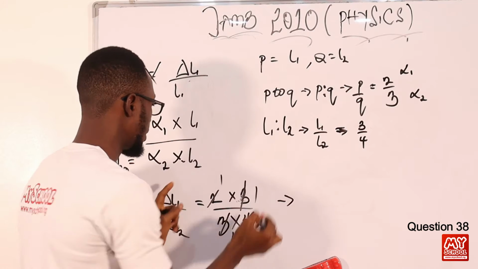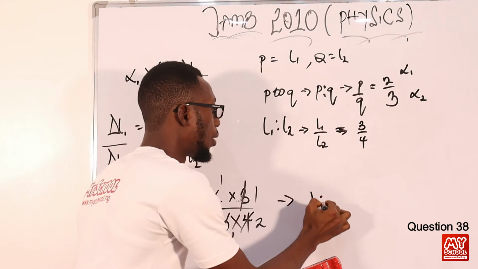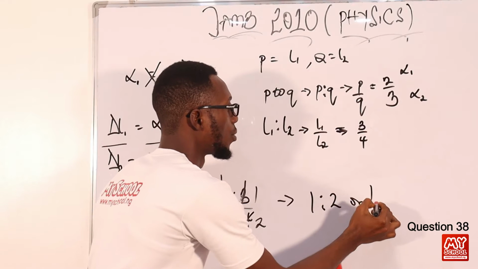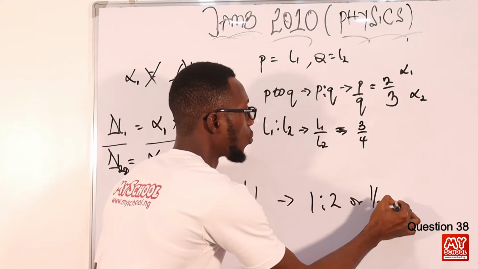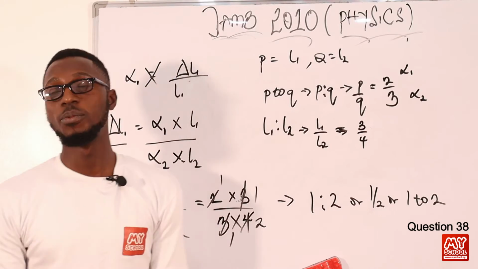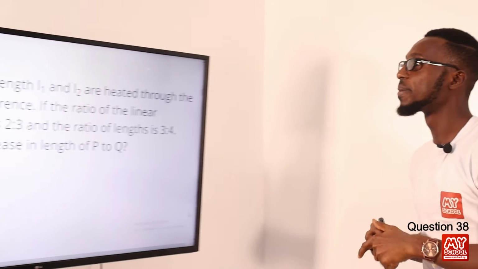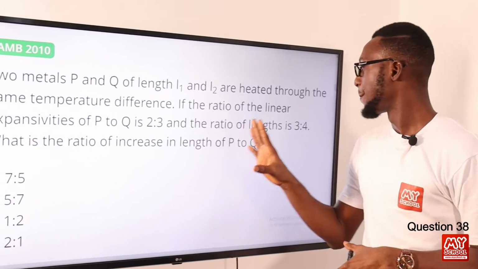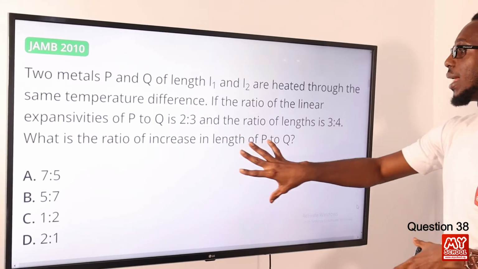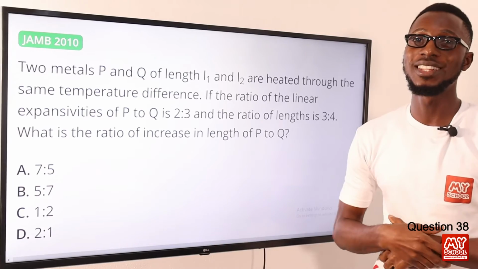So the ratio of their increase in length is 1 ratio 2, or 1 over 2, or 1 to 2. Let's go back to the screen to sort that out. The ratio of increase in length of P to Q is 1 ratio 2, so option C is the correct option.